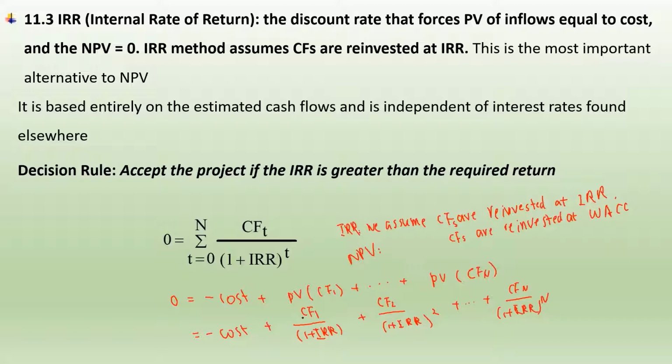Here it means once we receive cash flow 1 at t equal to 1, we will reinvest this cash flow into projects with a return of IRR.